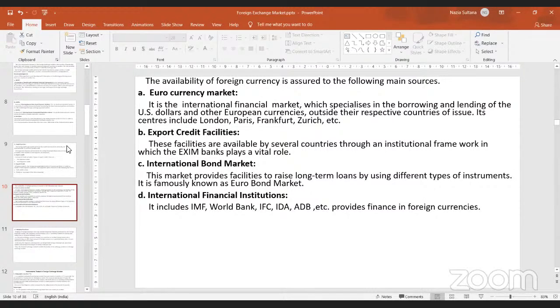Then you have all international financial institutions. They are all a source of foreign currency. When India wants to raise money in the form of dollar, euro, or yen, or any other currency of the world, they can also approach International Monetary Fund, IMF, World Bank. They can approach other institutions like Asian Development Banks.